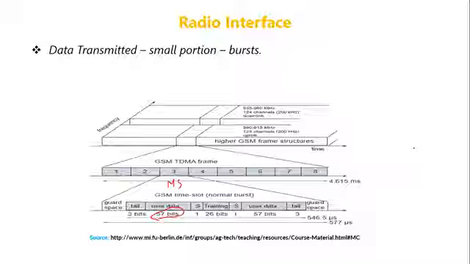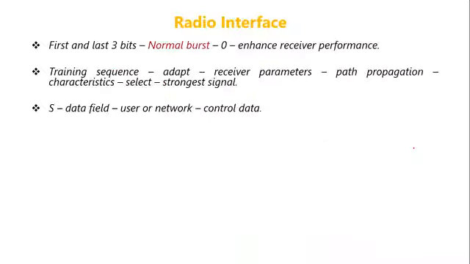Okay, so this will result in a data rate of 24.7 kilobits per second. How did we get this 24.7 kilobits per second?